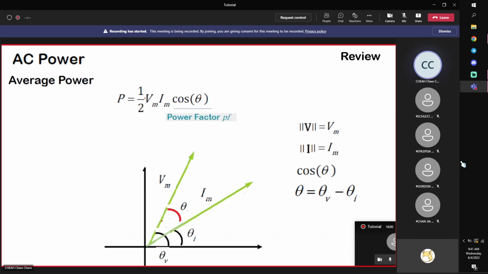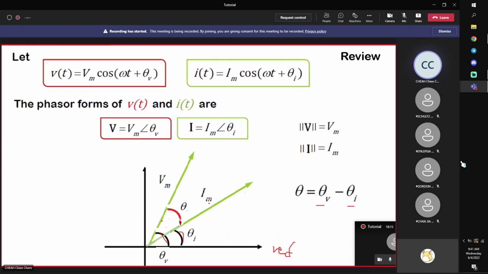Now, average power is the product of the peak values of the voltage and current multiplied by the cosine of the phase difference between the signals. To find the power, you can relate it to last week's tutorial.